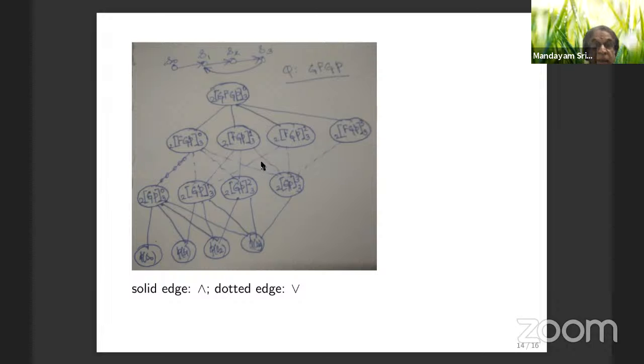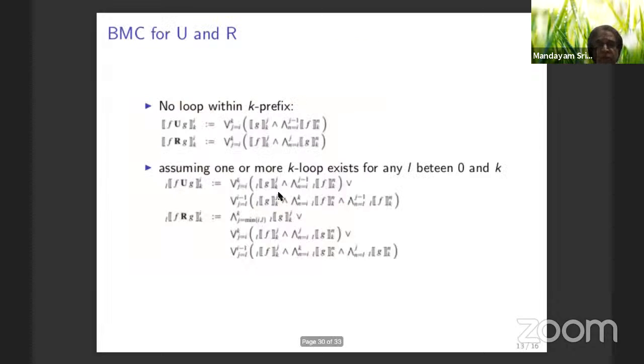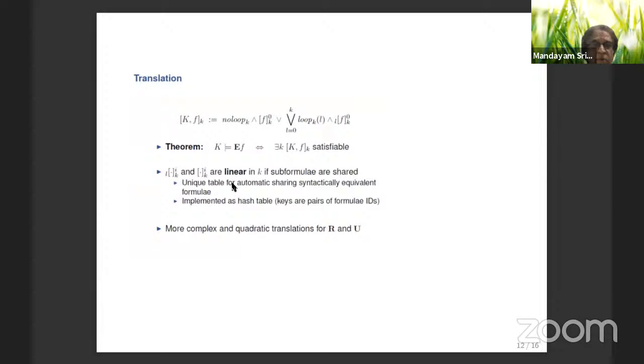And here, the structure of the formula is such that there is a lot of automatic sharing, okay? And the way that you exploit that is to have a table. And that's what is mentioned here, okay? You have to have a table, okay? So then one easy way, don't get into hash tables, etc., you just introduce new variables, okay?